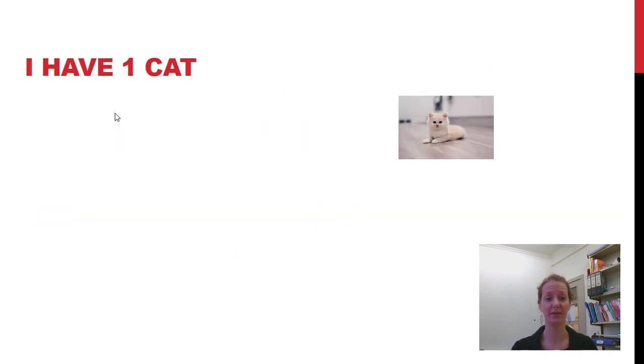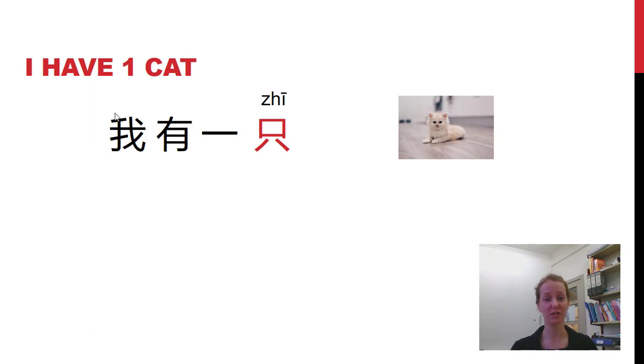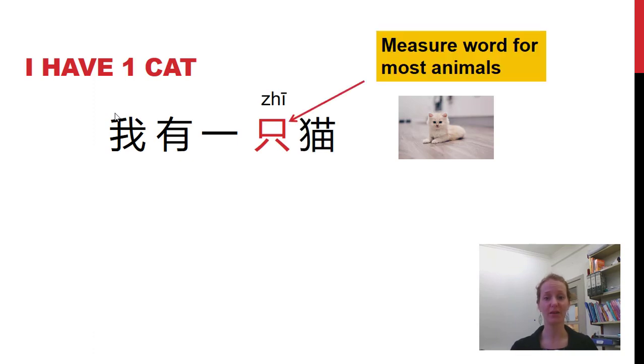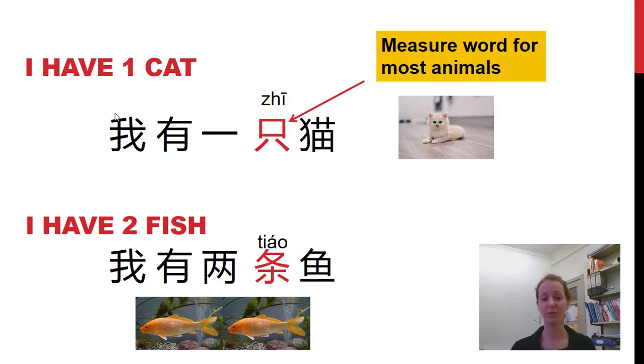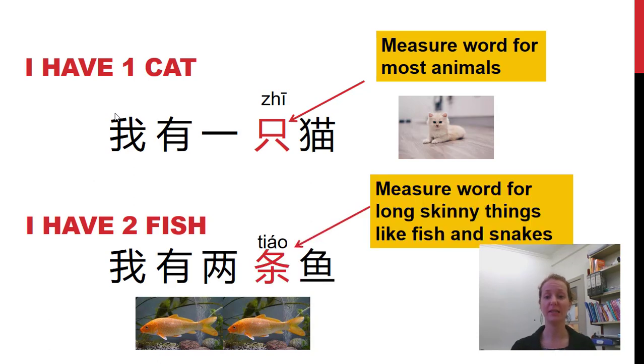I have 1 cat. 我有一只猫. So this 只 is a measure word for most animals. And I have 2 fish. 我有2条鱼. So this 条 is a measure word for long, skinny things like fish and snakes. So these are the 2 measure words that we use for most animals.